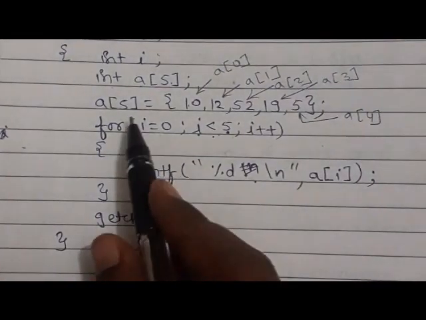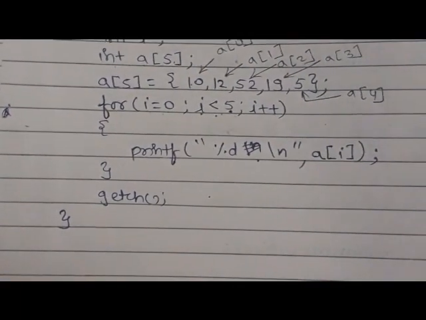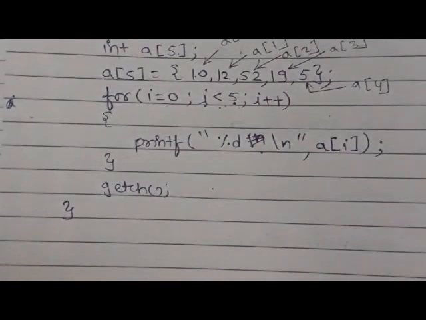Now for I is equal to 0, we will hand run this program. What is meant by hand run? It means whatever the values are, we have to write these values.